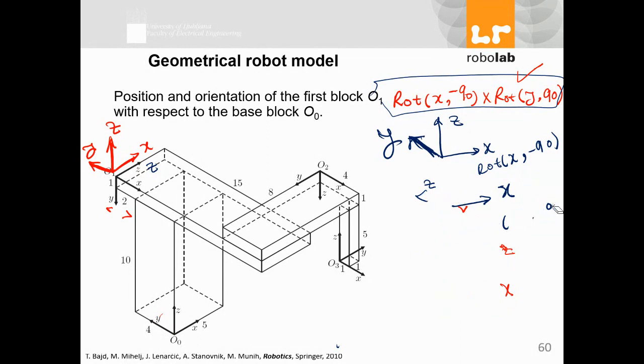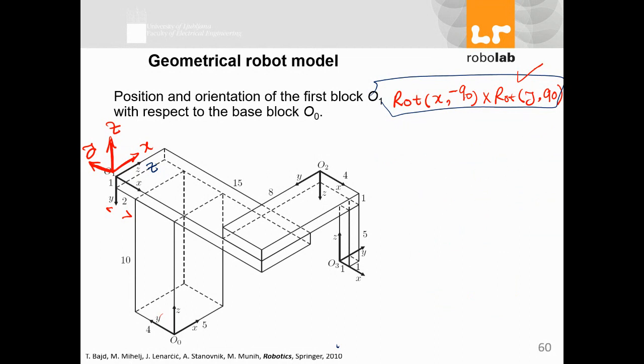Now, let's apply that to find out what we have, okay? So rotate around X with negative 90. I'm not touching this. Okay, just a rotation.